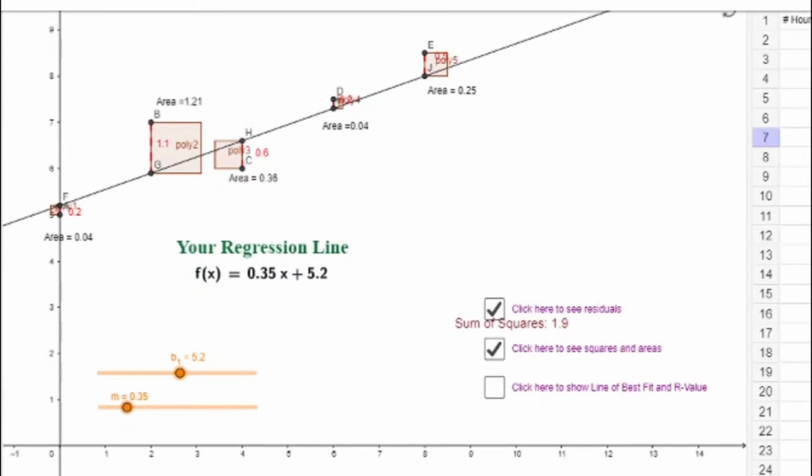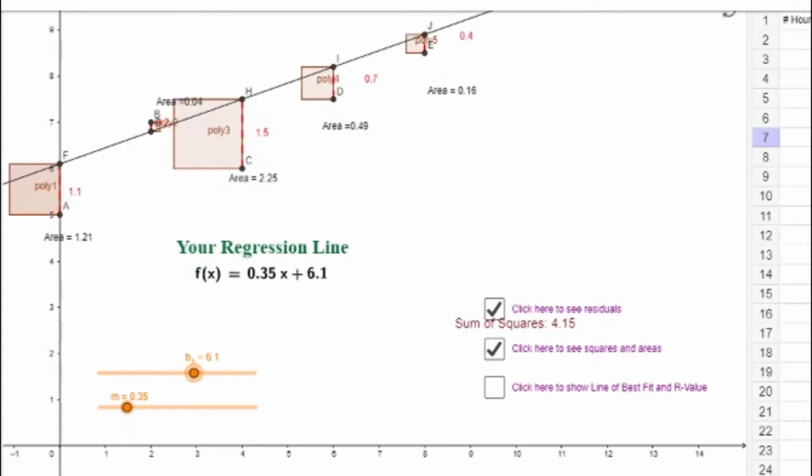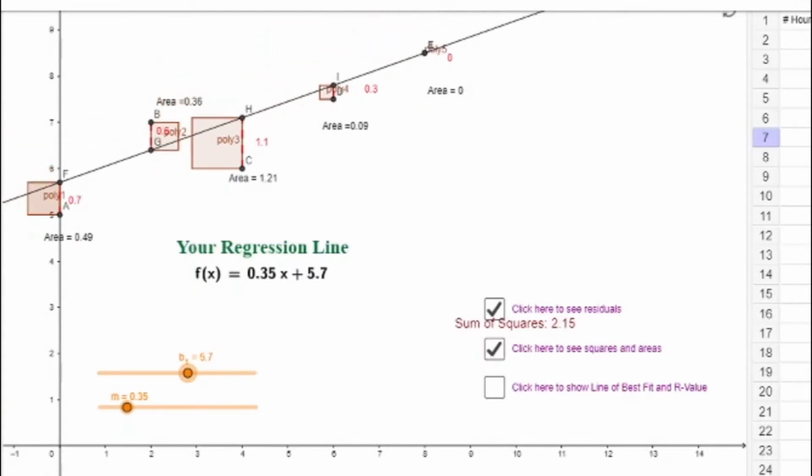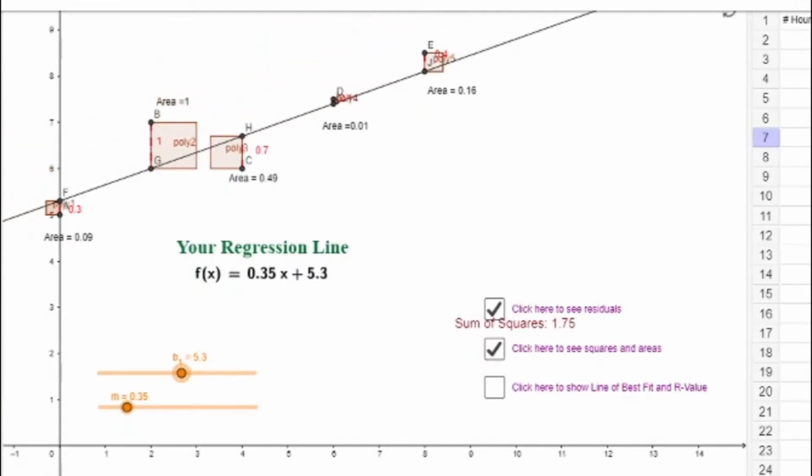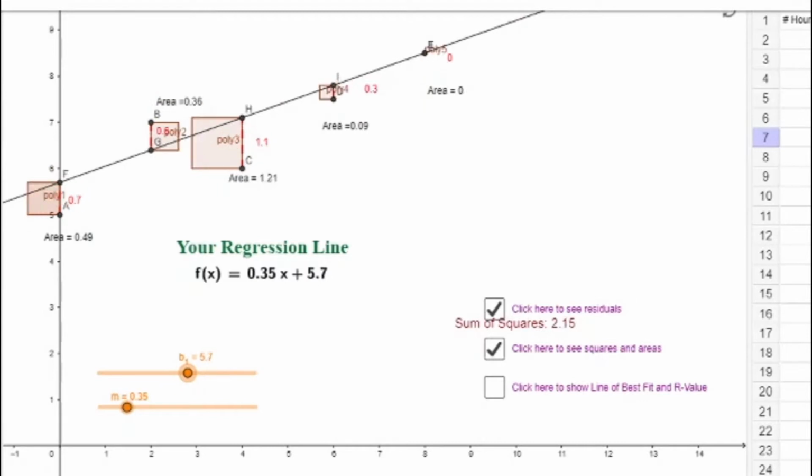We could see that also as squares. We're trying to get the smallest square area. The squares are each a representation of how far away our points are from the regression line we're anticipating using.